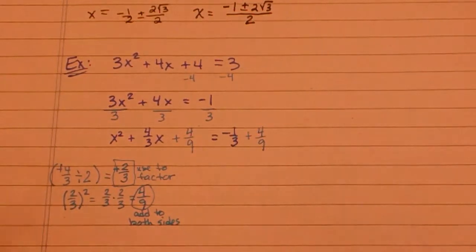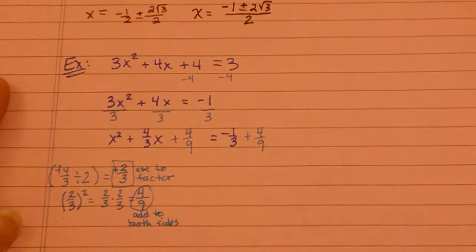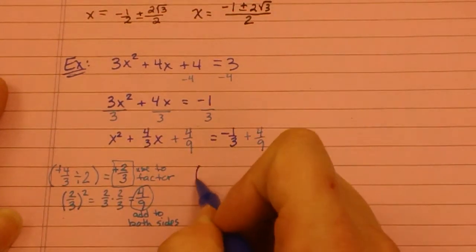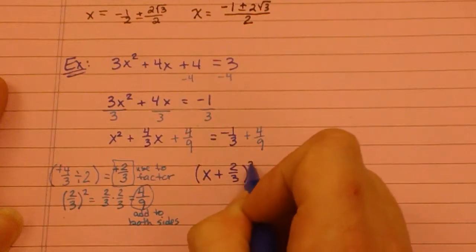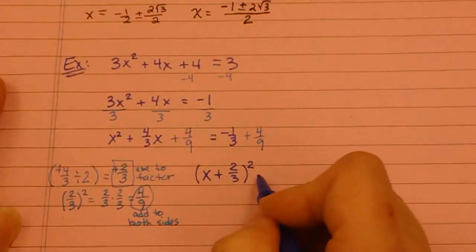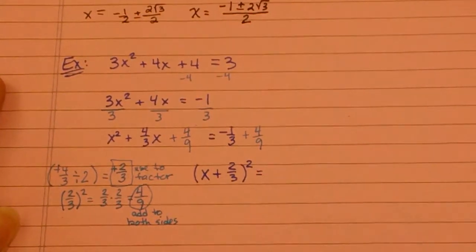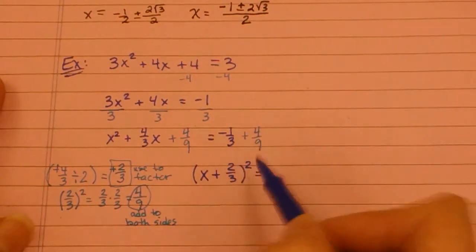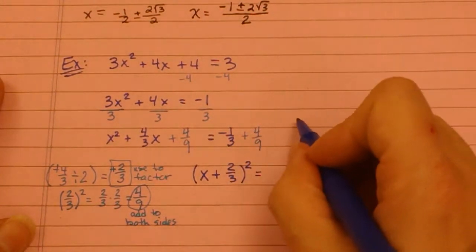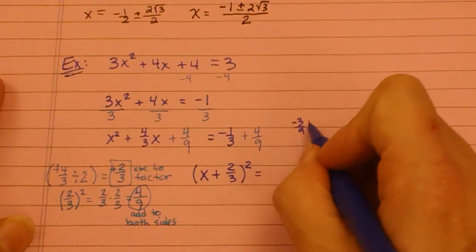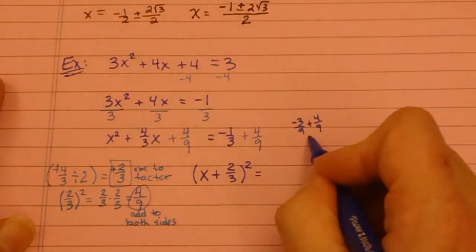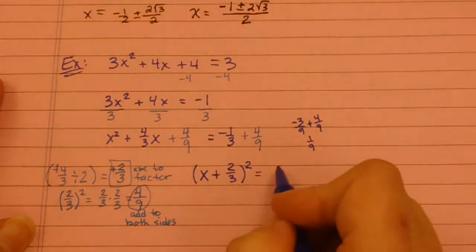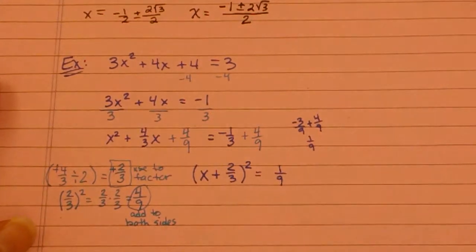Notice that I already have this positive 2/3 that I'm using to factor, so it just factors into x plus 2/3 quantity squared. And it's going to equal, well, I have to add -1/3 plus 4/9. So that's going to be -3/9 plus 4/9, which is going to be positive 1/9. So this is going to equal 1/9.